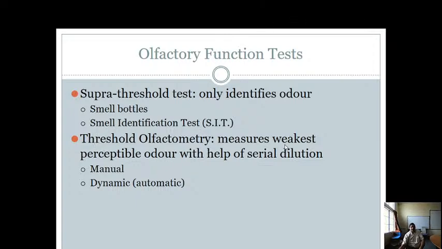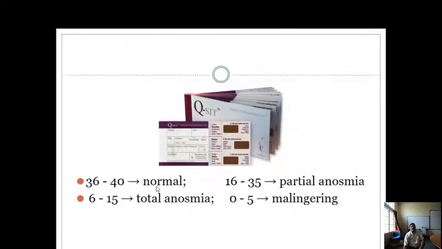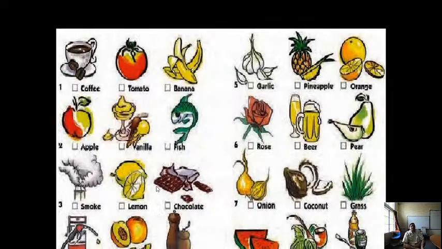Threshold olfactory measures are also measured, manual and dynamic, and these are the various kinds of flavors that are perceived by the nasal cavity: coffee, tomato, banana, apple, various melon and tobacco, vinegar, coconut.